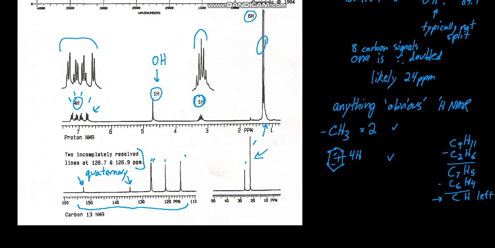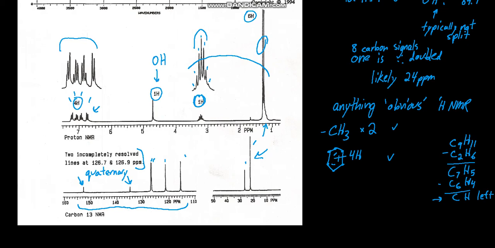Having done a bunch of practice problems, we would maybe recognize a pattern of signals, not just a single signal, but the combination of these two. Looking at the splitting is usually the way you're going to get the final answer. So 1, 2, 3, 4, 5, 6, 7, a septet.